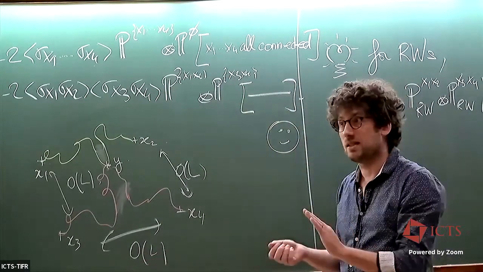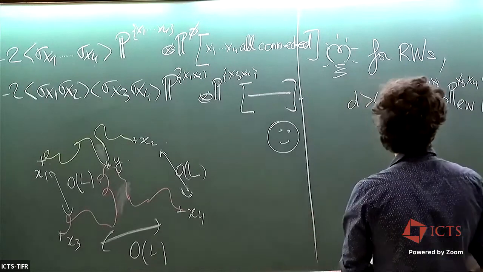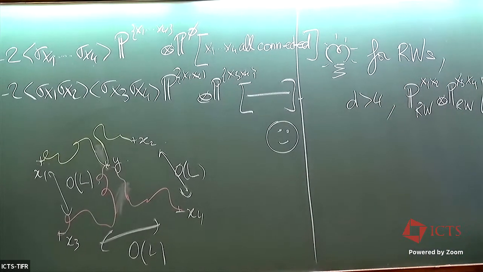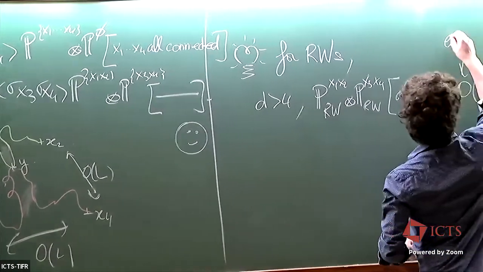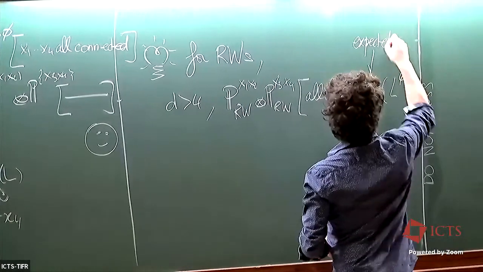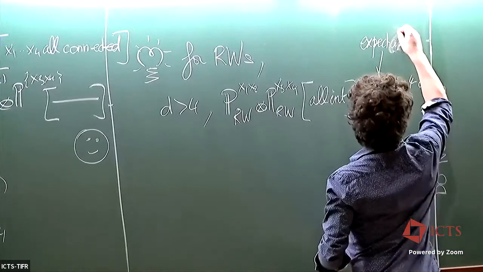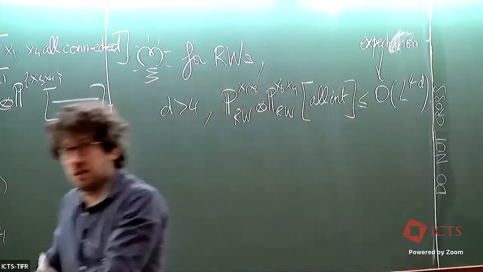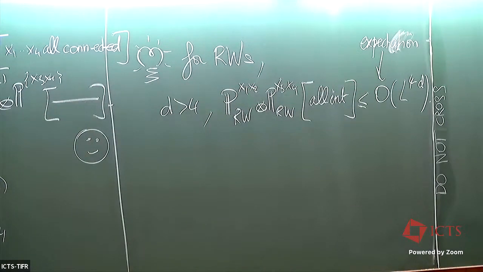So it's a very easy thing that this is big O of L to the 4 minus d. And this you can even get just by bounding the probability of intersecting by the expected number of intersections. There it's very easy to estimate.